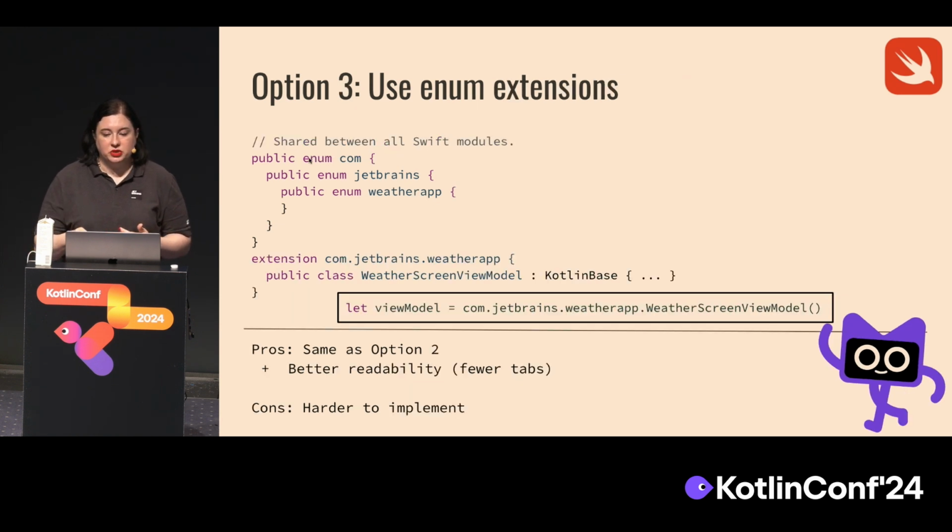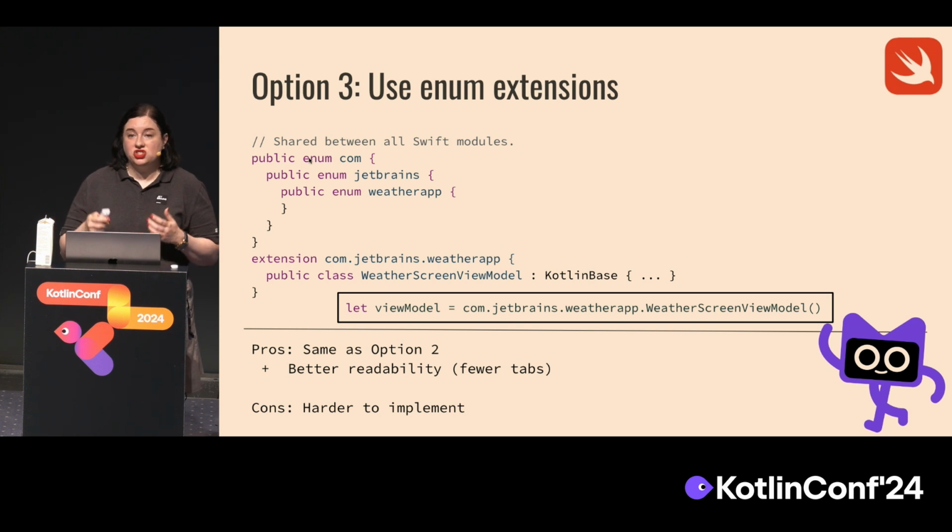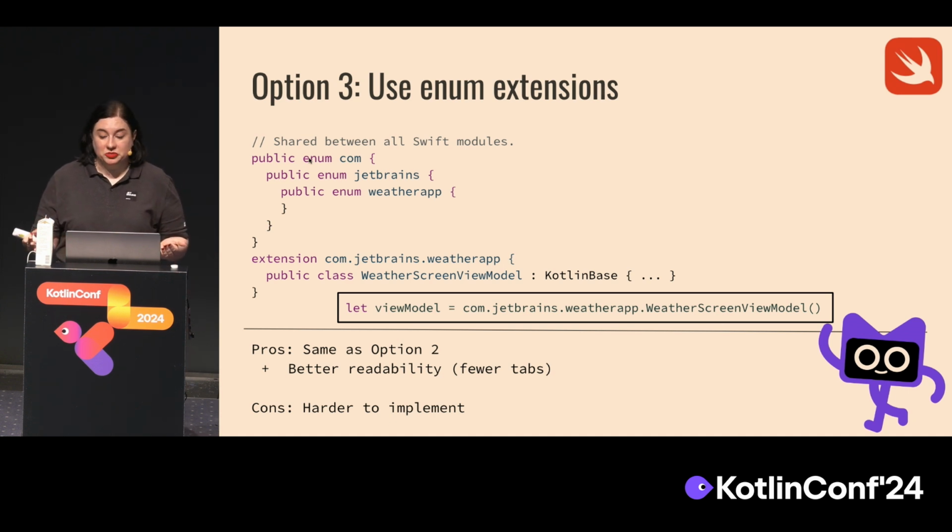So instead, we went for this option where we share the enum structure between all the Swift modules. And then we define an extension on the package enum with our class inside of it. This way, there is only one tab that we have to add the class definition in. But this is, unfortunately, a lot more difficult for us to implement, but that is the option that we've chosen thus far.